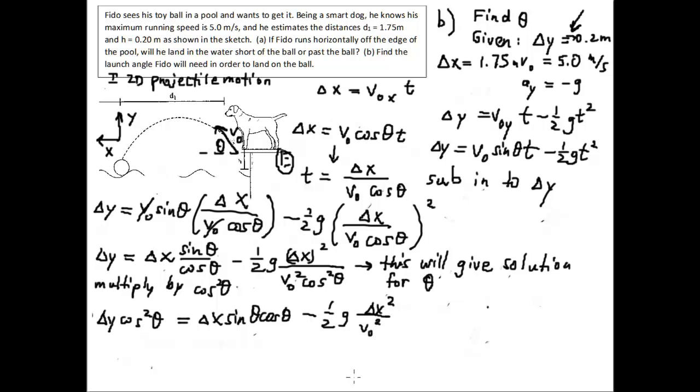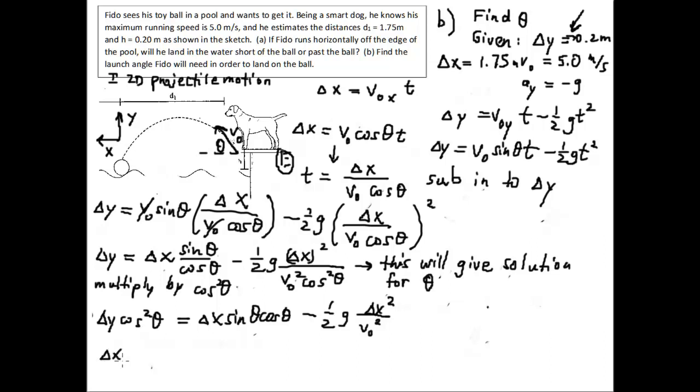All right, now that doesn't seem like I've necessarily made things any easier, but there is now a way to finish the problem off, and that's going to be to do the following. I need to get rid of the sine somehow. I need to get an equation that only has cosines in it. So here's what I'm going to do. I am going to take the expression for the delta x sine theta cos theta and solve for it.